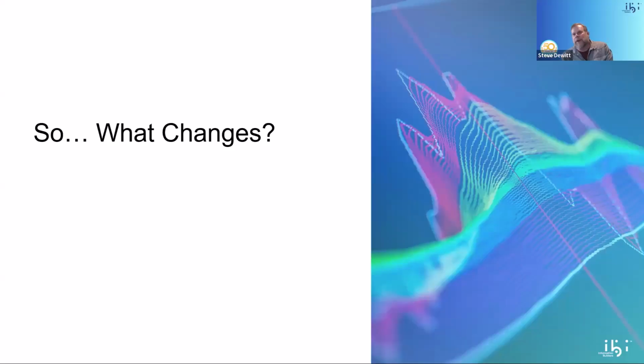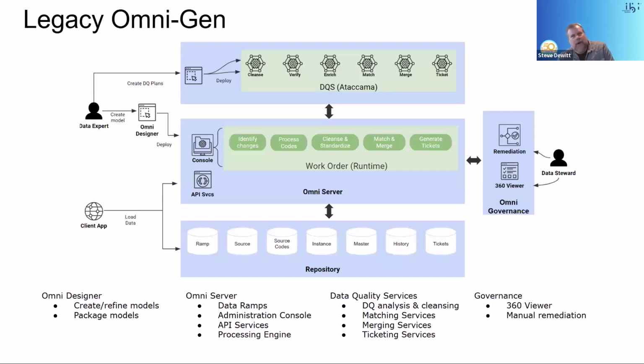Now, as you may have heard, we're taking it back. Those services that were once hosted in Atacama are going to be replaced with IBI's own product now. Story behind that is complicated and not important here today, but we're moving away from that.